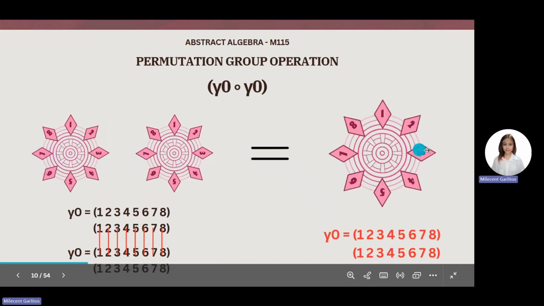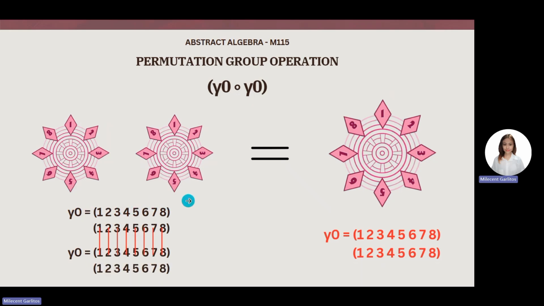Since γ sub 0 is an identity element and we do nothing, all of the operations that we will perform involving γ sub 0 here on the right side will remain as the ones on that side. Or to easily understand this, all of the elements performed with γ sub 0 will still remain as themselves.